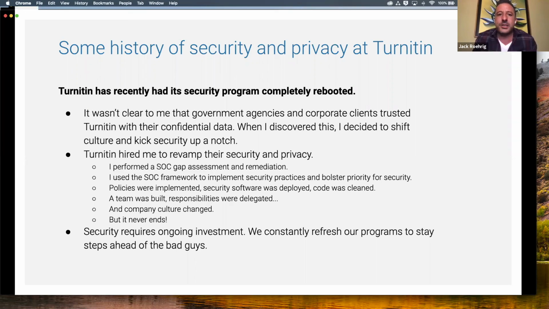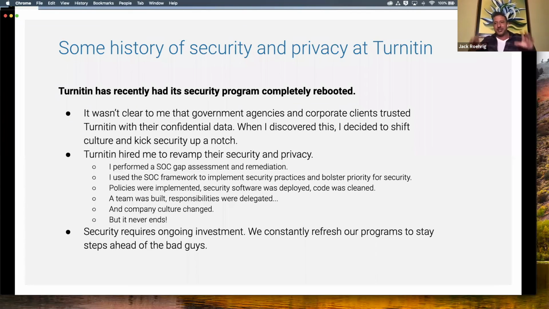We implemented new policies. We bought software, SaaS services, all kinds of great stuff to improve security. And I would tell people, we're not going to pass our compliance unless we do this. Now, in reality, that wasn't true. If anybody from Turnitin is here, please don't hold that against me. But it's possible to pass audits without being fully compliant.